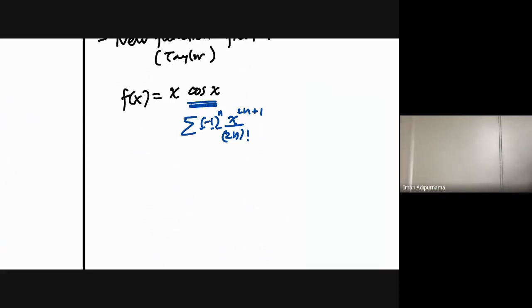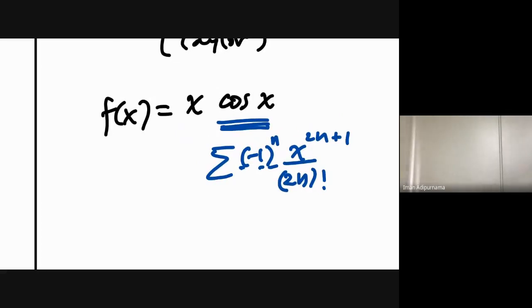So whenever you find any functions that have relations with the basic functions in Taylor and Maclaurin, the 6 functions that I gave you before, the sine, cosine, 1 over 1 minus x, e to the x, and then the tangent inverse, and ln 1 plus x, all of that, you can have a composed function.